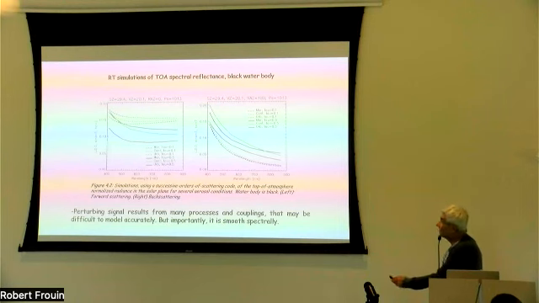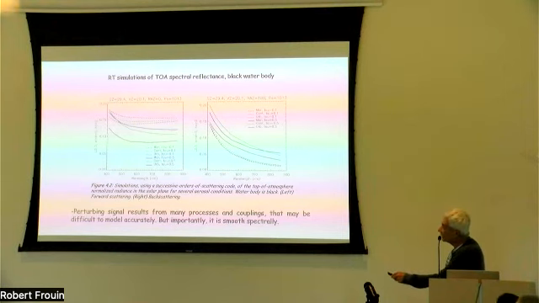So these are some examples of radiative transfer simulation of the top of atmosphere reflectance for a black water body. You have here simulations with the glint and outside of the glint, for different types of aerosols and different aerosol thickness.